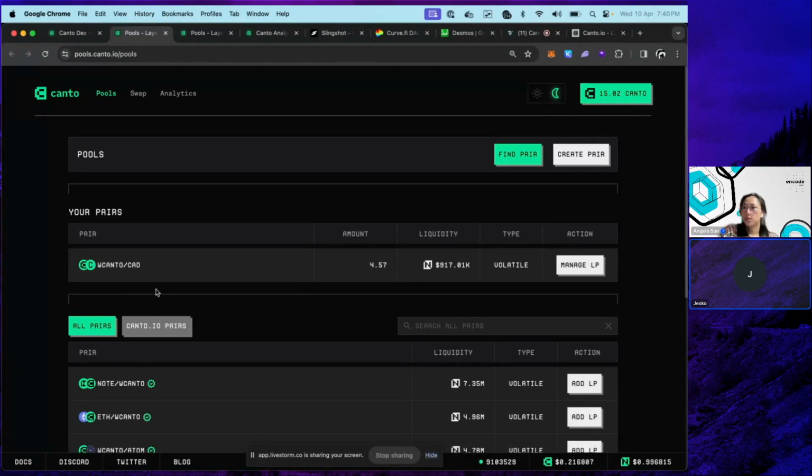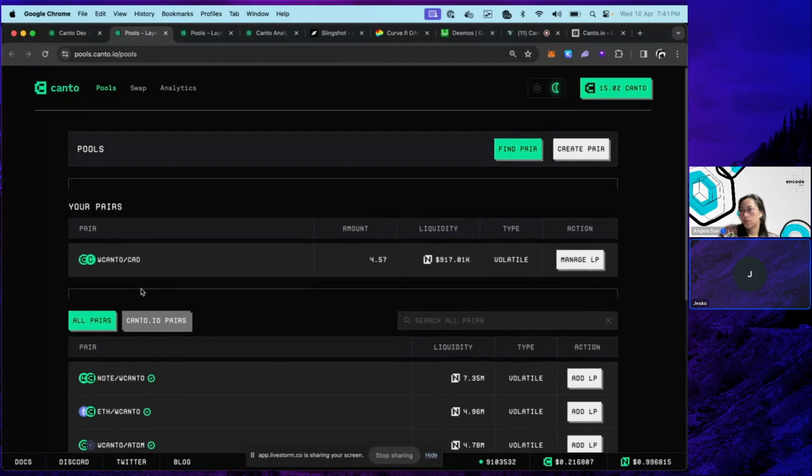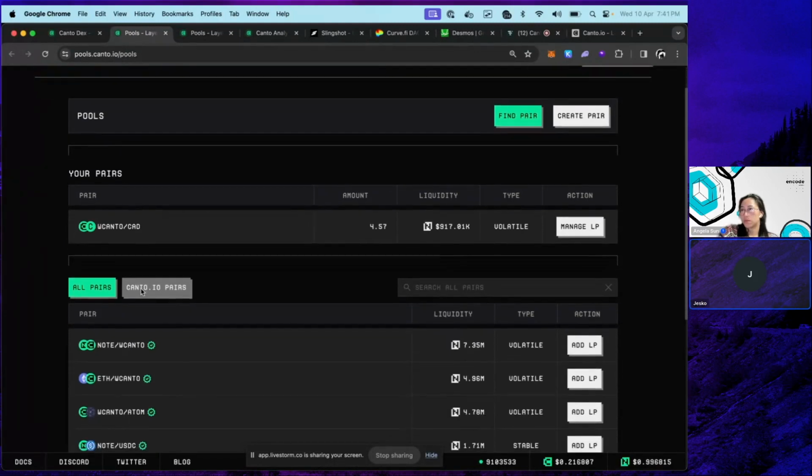Similarly, if any of the projects want to do a token launch or create their own token and want it to be tradable, they can use this pools interface to create a pair and add liquidity to it, right?